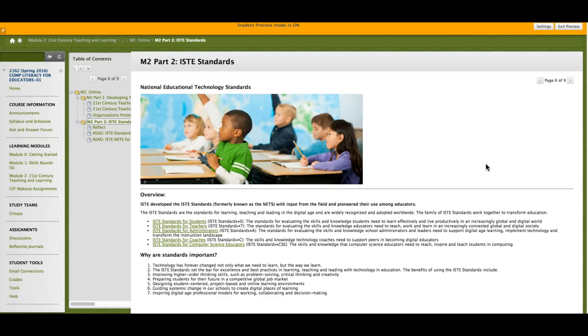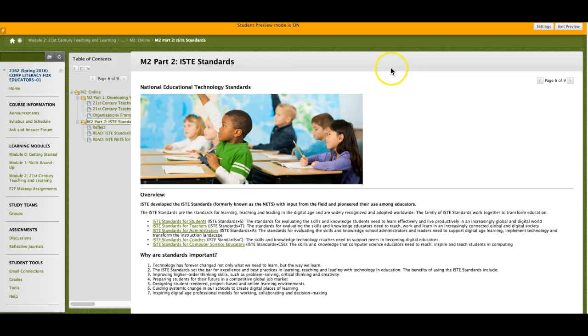And the ISTE standards. We talk a lot in education about standards, particularly curriculum standards or learning standards. We used to have the California state standards. Now we've moved to the Common Core standards, and all those are great for helping us focus on what students should be or can be learning.